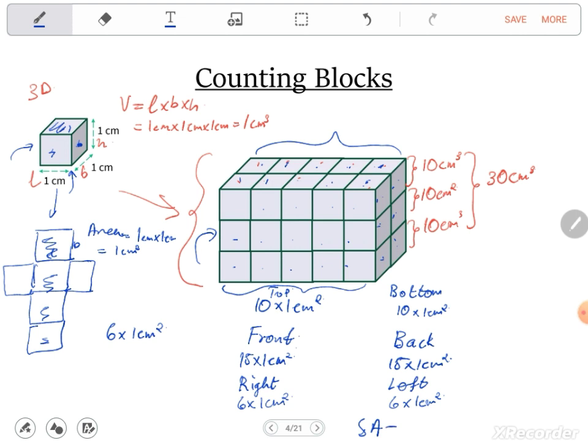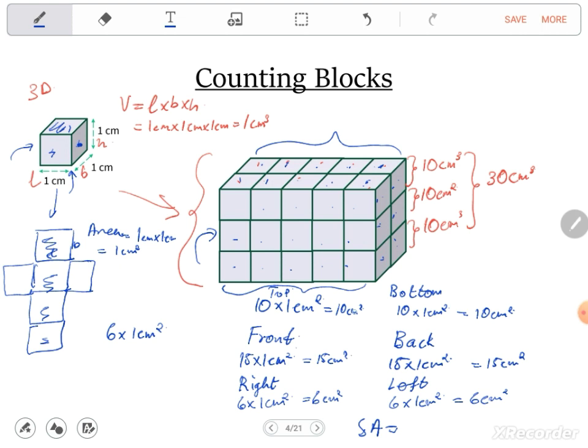Now, in terms of the surface area, this one here is 10 times 1 centimeter, which is 10 centimeters squared, and the front will have 15 times 1, which is 15 centimeters squared, and the right will have 6 centimeters squared, and it's the same for this one here, 6 centimeters squared, 15 centimeters squared, and 10 centimeters squared.